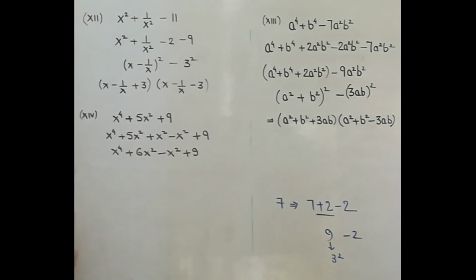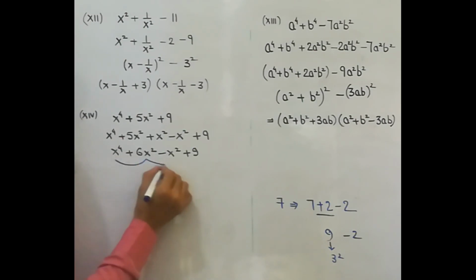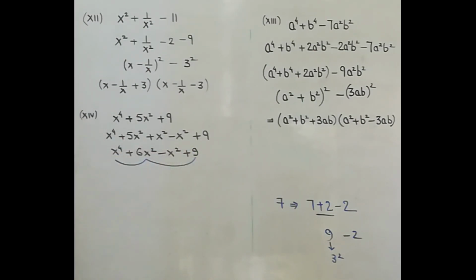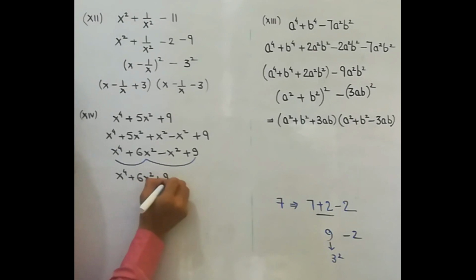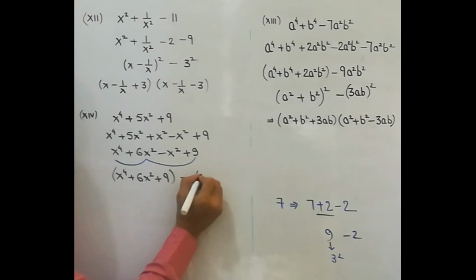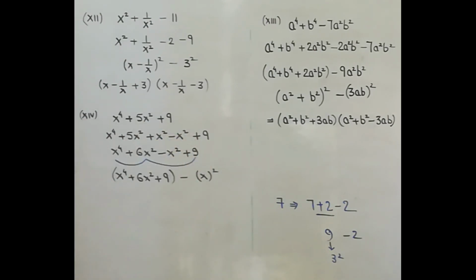Now if you watch it very carefully, these three terms when taken together in a group give you a whole square formula. See. This is to be taken in one group and this in the second group, like this.